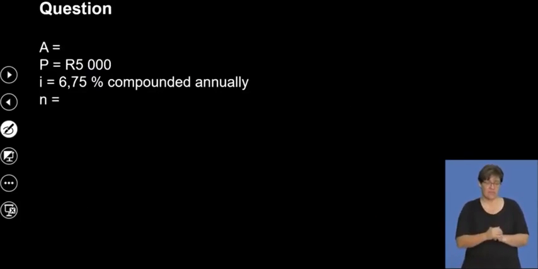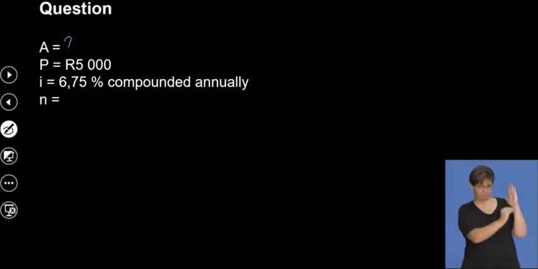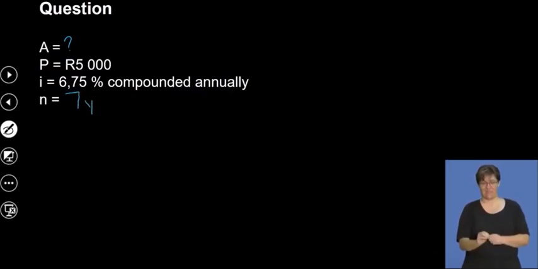Important, we start with data. We want to know how much Sergio would have, but now we're dealing with Sergio being 18 now and going into 25. So from 18 to 25, that's going to be 7 years. So the investment will be 7 years for Sergio to accumulate some interest at 6.75.